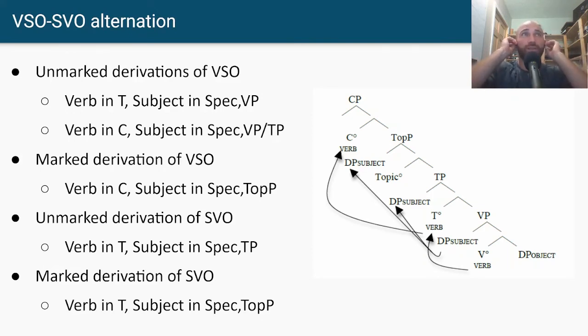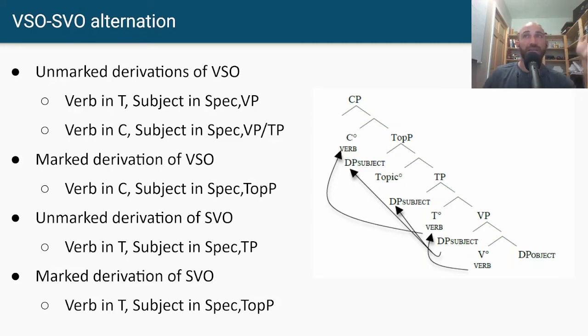But the basic idea here is that we have unmarked derivations of VSO and marked derivations of VSO, and the same thing for SVO. So for VSO, we can have the verb in T and the subject in the specifier of VP. So we know that the tense phrase is to the left of the verb phrase.